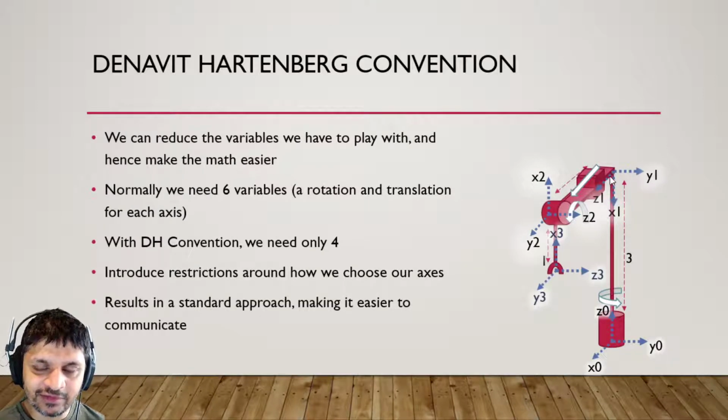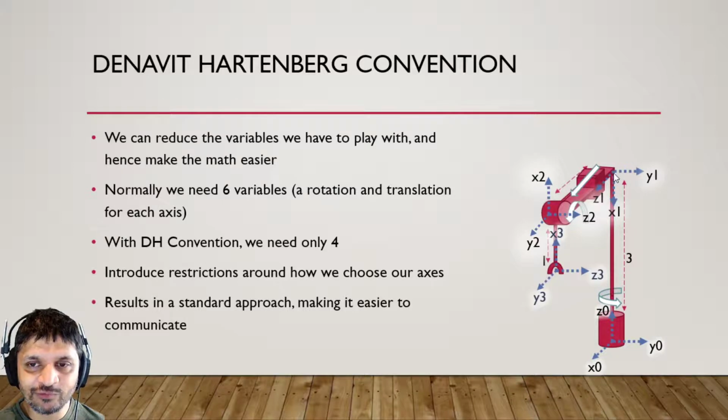But if we look at how we had the axis previously, we had z here and we had x here, right? But the rule said that our x needs to be perpendicular to our current z and our previous z. But in this case, this x is not perpendicular to our previous z, right? So what that means is we have to shift it. So we're going to move our x to here because that'll make it perpendicular to this z and this z. Okay, so that was the first rule.